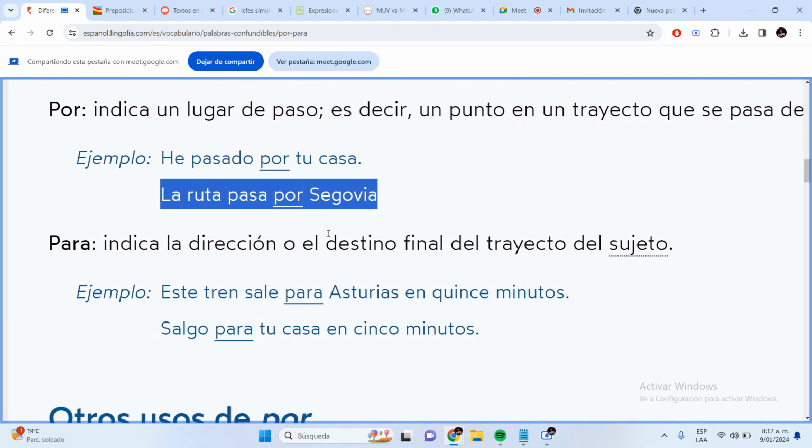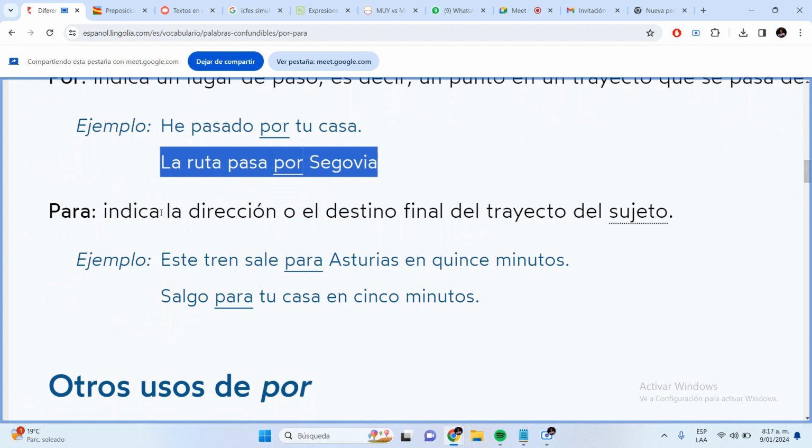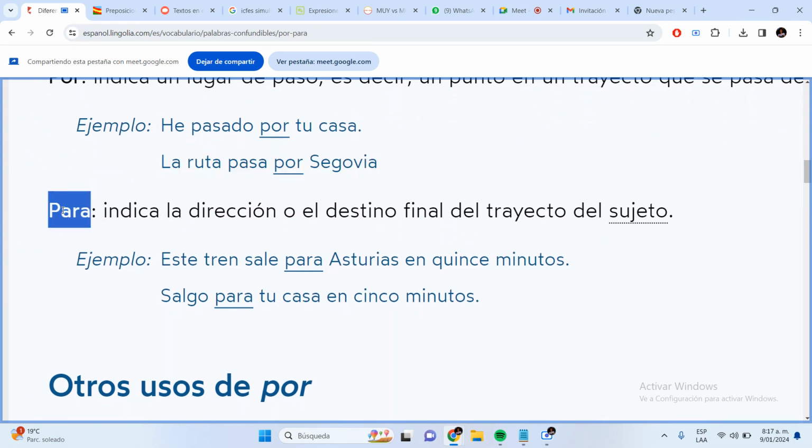And also we have para, which indicates the direction or the final destination of the subject's journey. So I'm going to use para if I'm talking about going from point A to point B, right?